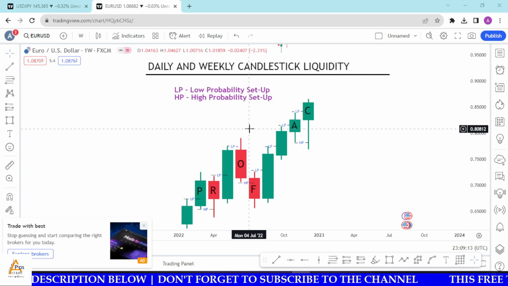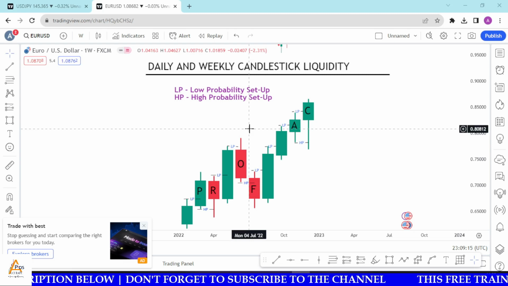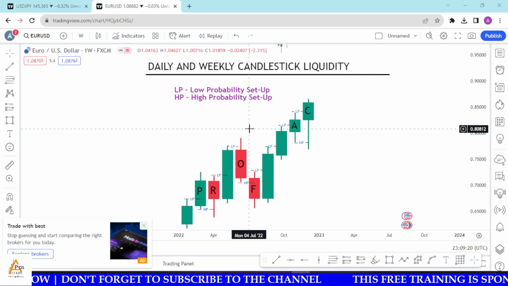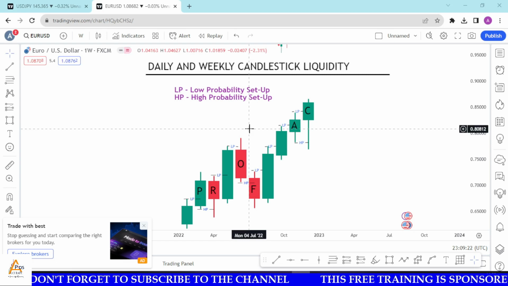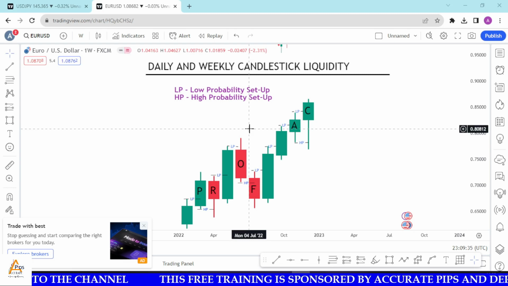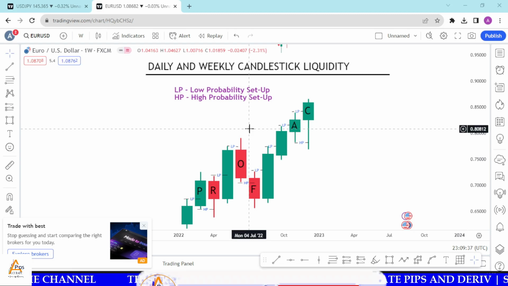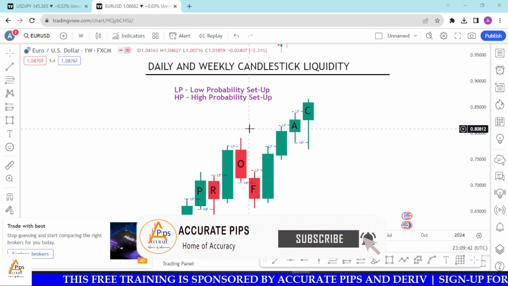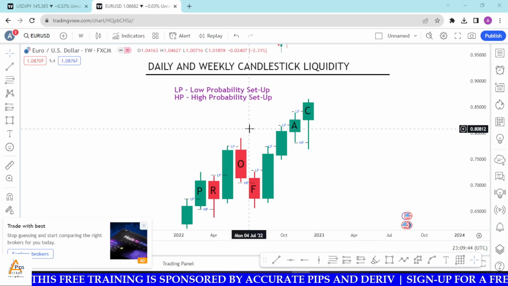So it's like using the previous week to determine how markets will behave for this current week, or using the previous day to determine how market will behave for this current day using its liquidity, that is its previous day high or previous day low, or its previous week high or previous week low. These are things you need to understand. You need to get the concept behind to be able to trade properly in the market.